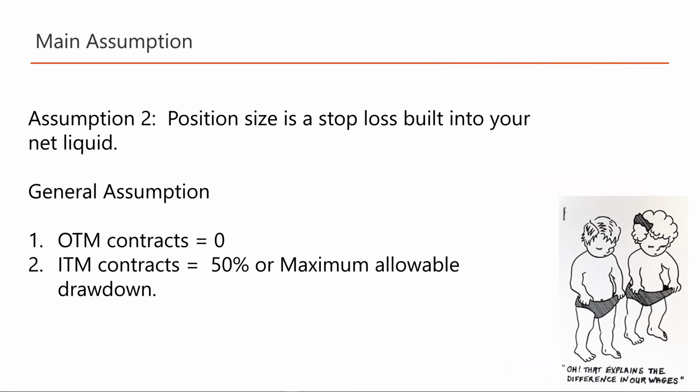So the main assumption 2 here is the position size is a stop loss built into your net liquid. So this is a concept that's very sensitive, and with options we have different types of option contracts. One that's purely extrinsic based, and one's a combination of extrinsic and intrinsic.